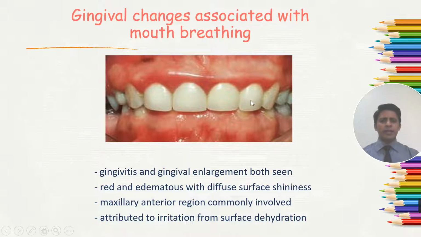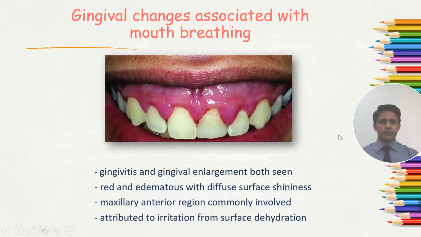The maxillary anterior region is commonly involved, and it is attributed to irritation from surface dehydration, and it is present from canine to canine. You can see it is present from canine to canine only in the areas which are exposed to surface dehydration during mouth breathing.